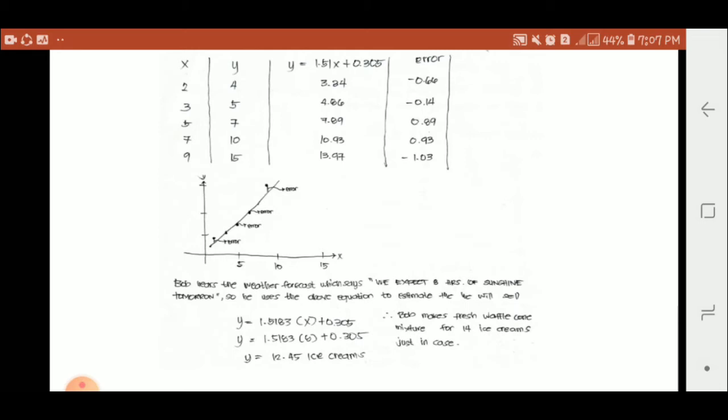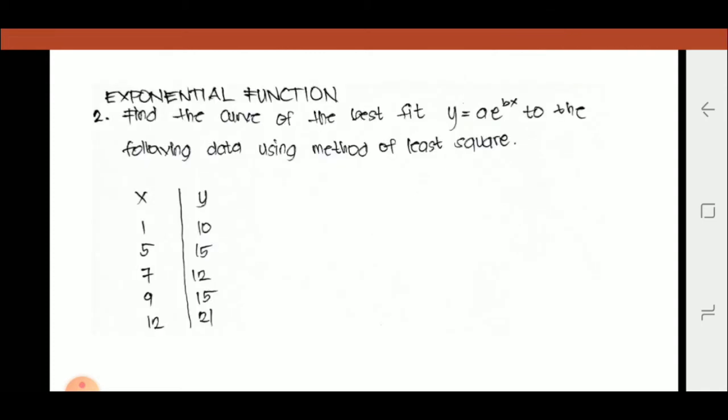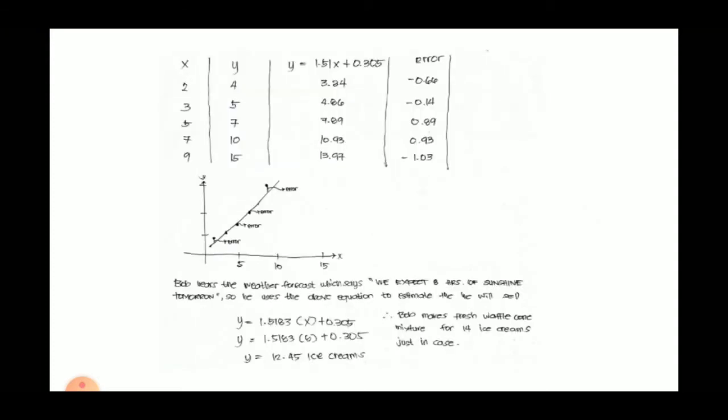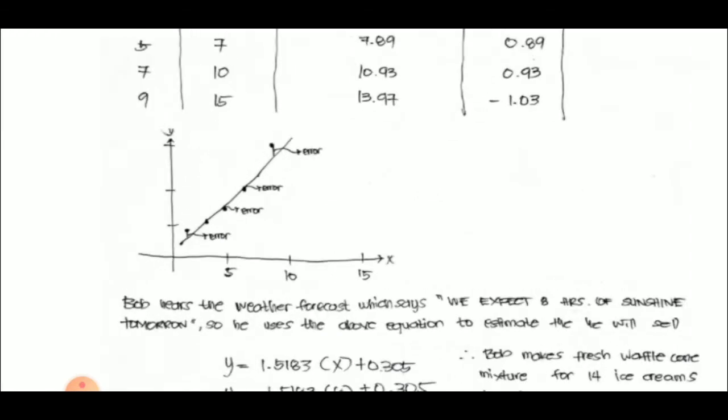Based on the data, where our y is 4, 5, 7, 10, 15, we can minimize the error. We have errors of negative 0.66, negative 0.14, negative 0.89, negative 0.93, negative 1.08. So this is the layout of error.